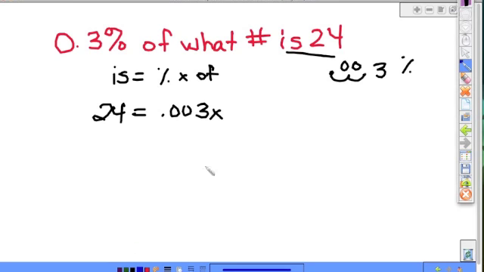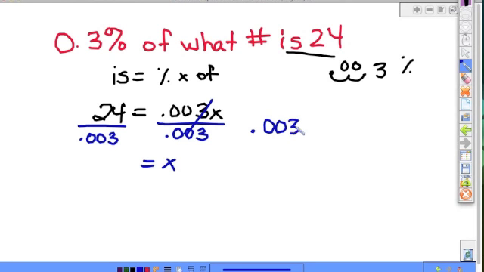Now I'm going to divide this out. Divide by 0.003. What I do to one side, I do to the other. 0.003, these cancel. My x now falls down. I have 0.003 going into 24. I can't leave my decimal out here, so I go 1, 2, 3. There's no decimal here, it's assumed to be at the end. 1, 2, 3.